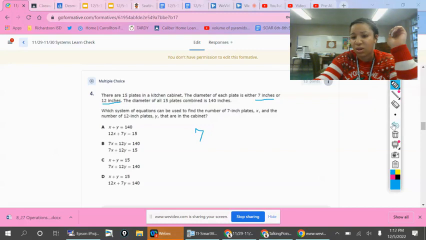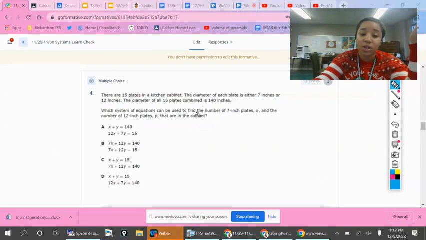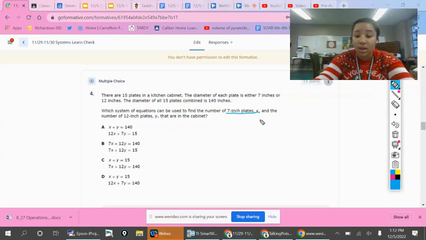Well, let me finish reading the question first. 15 plates and 140 inches. Which system of equations can be used to find the 7-inch plates, which are going to represent X, and the 12-inch plates that will represent Y?